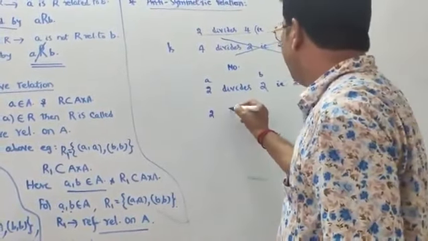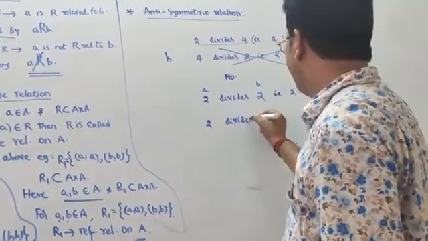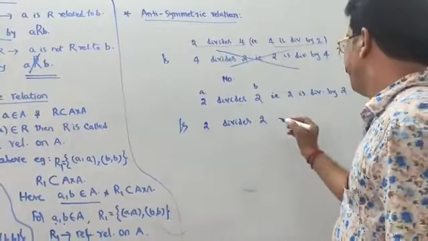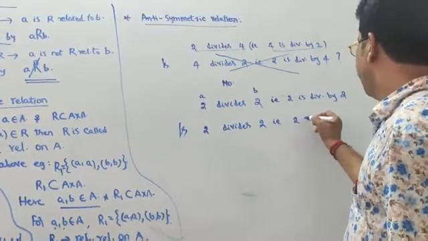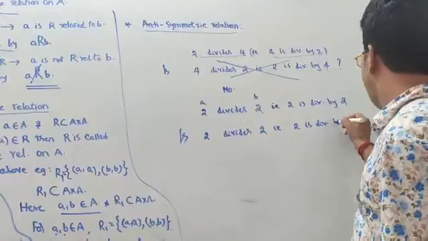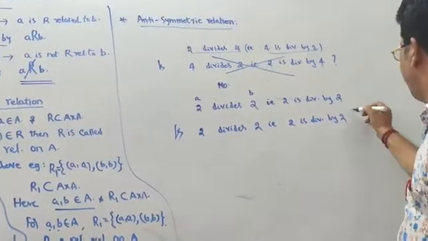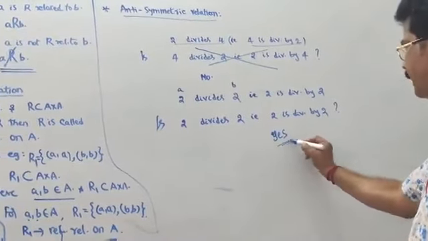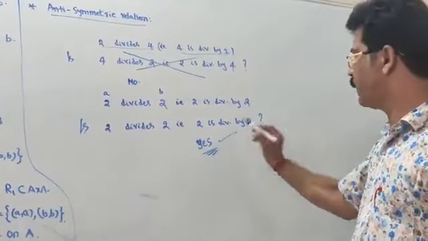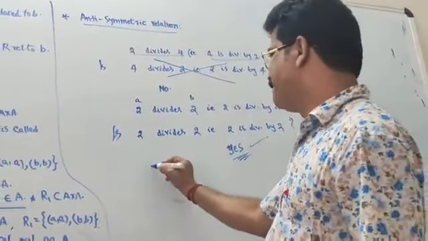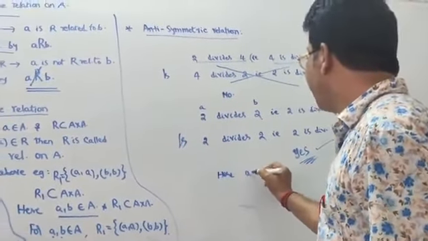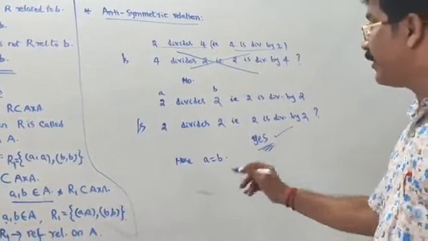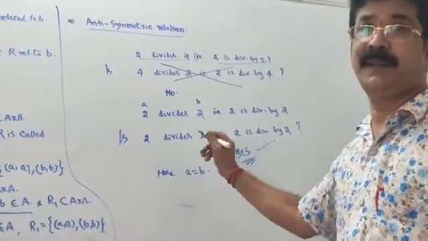B divides A. That is 2 is divisible by 2. Is it correct? Yes, it is correct. Why? Here A is equal to B. If A not equal to B, it is not possible.